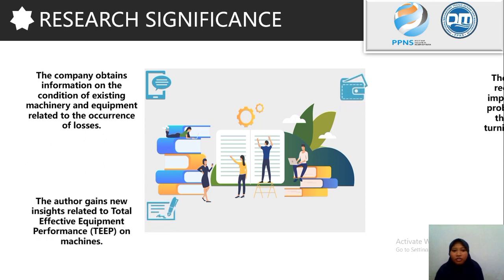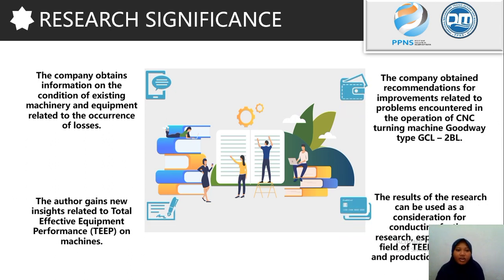And then the research significance. There are, first, the company obtains information on the conditions of existing machinery and equipment related to the occurrence of losses. And then the company obtains recommendations for improvements related to problems encountered in the operations of the CNC turning machine Goodway type GCL2PL.